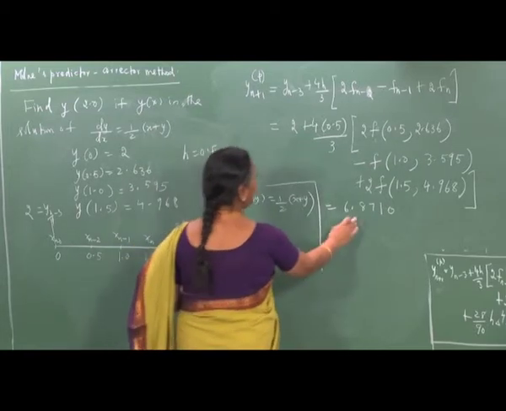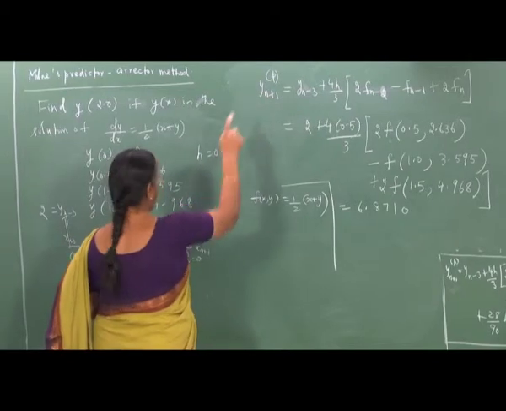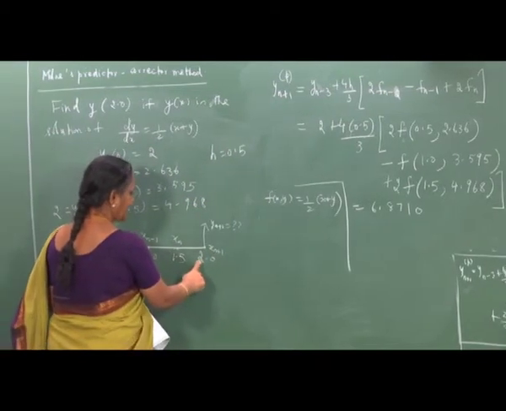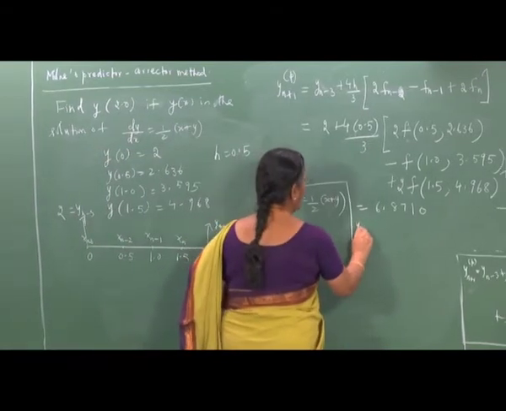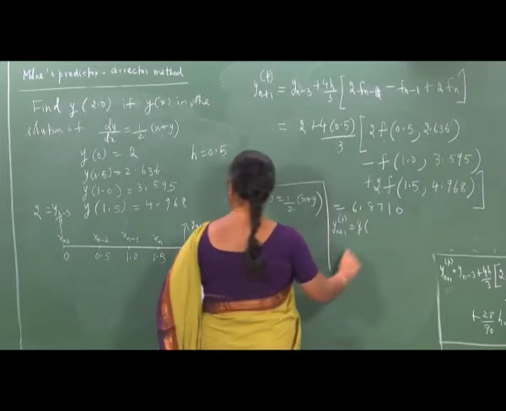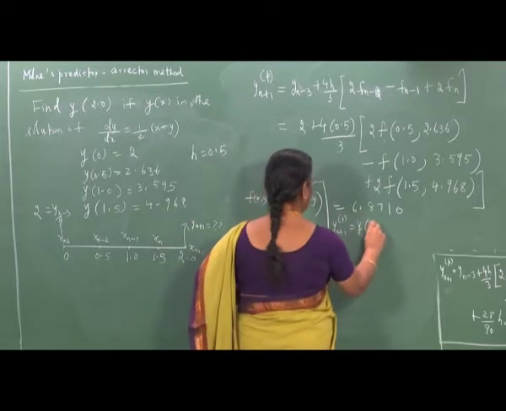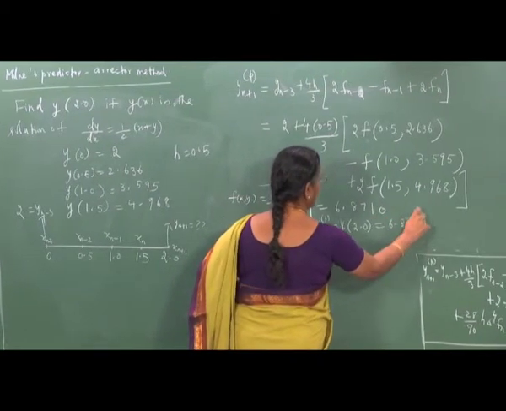So, this is a predicted value, namely this is the value of y at xn plus 1, which is 2. So, yn plus 1 predicted is y evaluated at 2, and that is 6.8710.